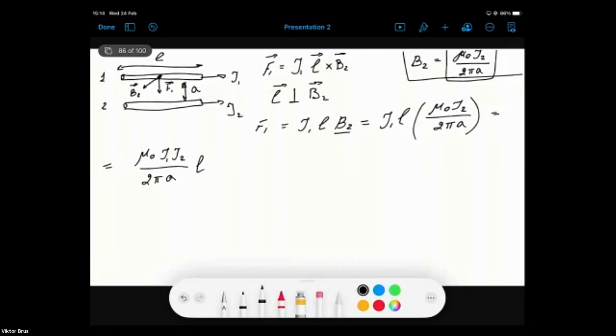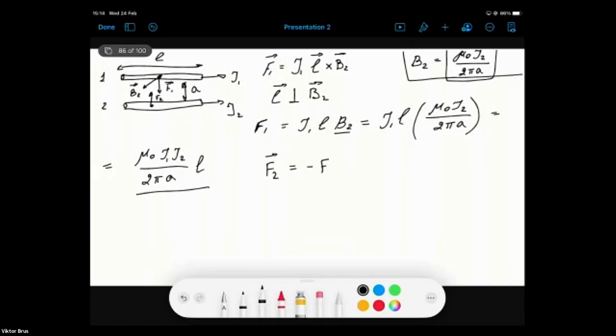So this is the expression for the force F1, the magnitude of this force F1, and we know from the third law of motion, Newton's third law, that F2, let's show here some force F2, will be the same in absolute value, but opposite in orientation.